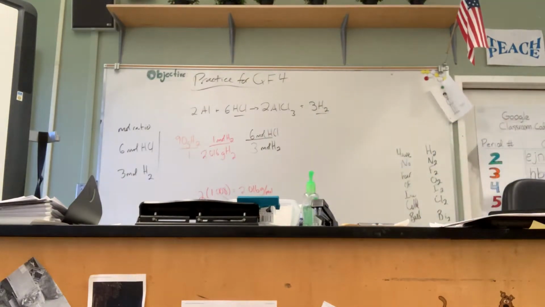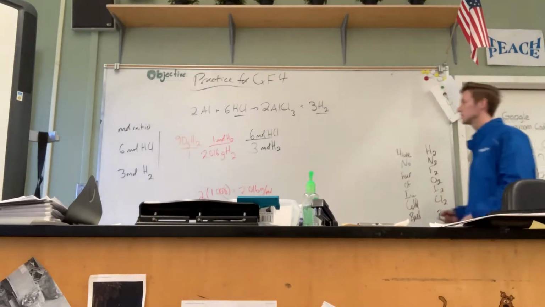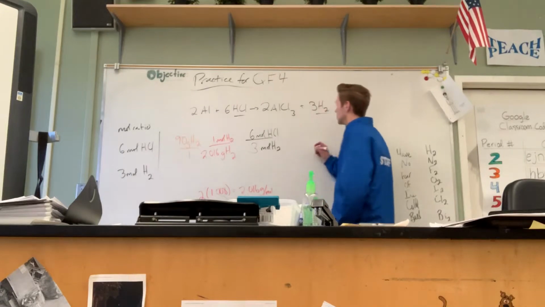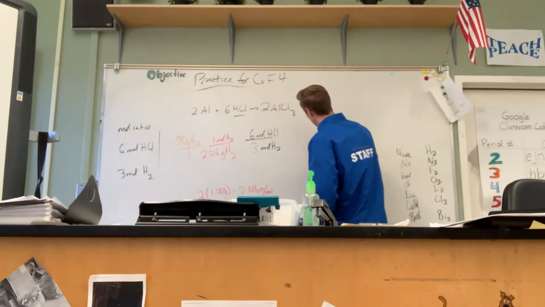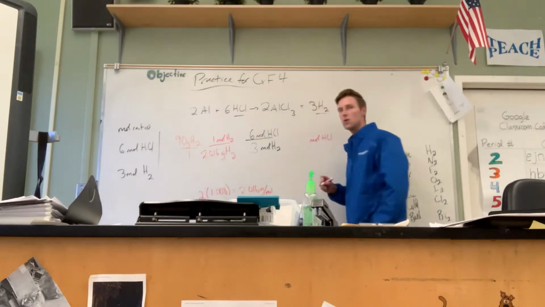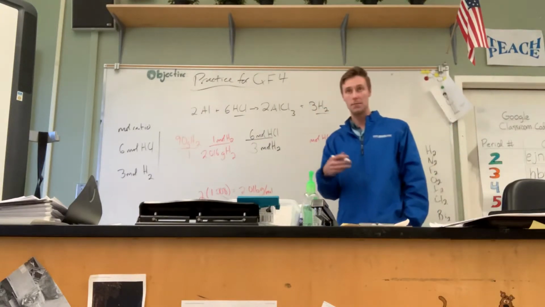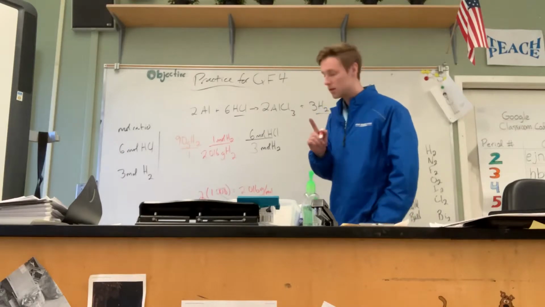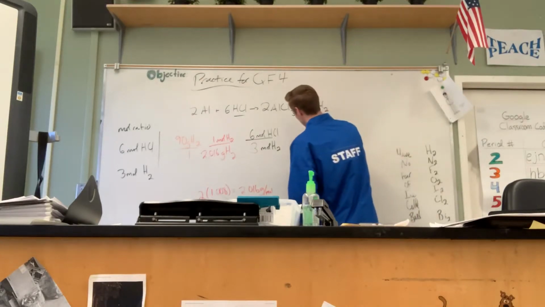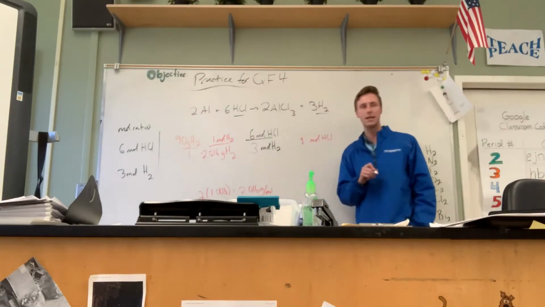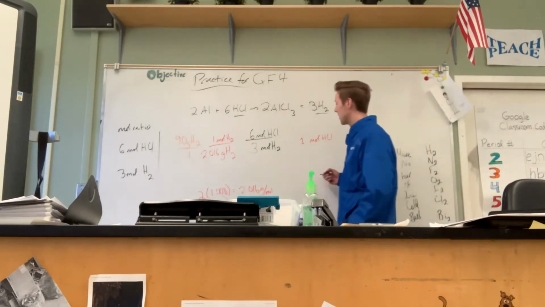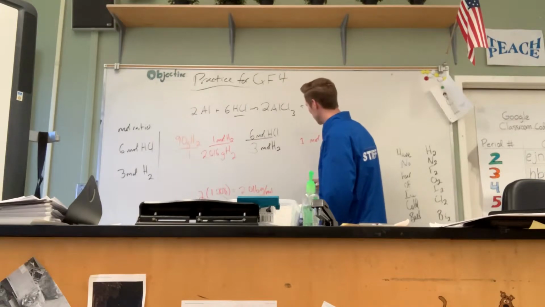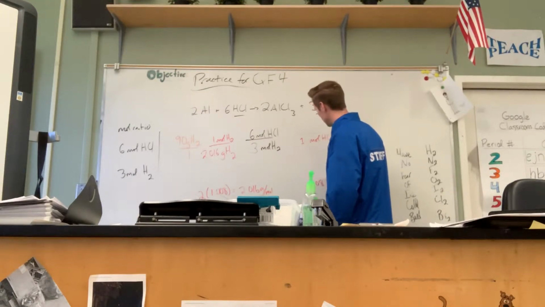Now we're done with the black arrow. We've gone from molar mass, we've used mole ratio, and now we have to use the other molar mass. So if I have mole of HCl right there, I'm going to put mole of HCl right here. We know that a molar mass tells me how many grams are in 1 mole. So I know that the number 1 has to go right there. Now, to find its molar mass, hydrogen weighs 1.008.